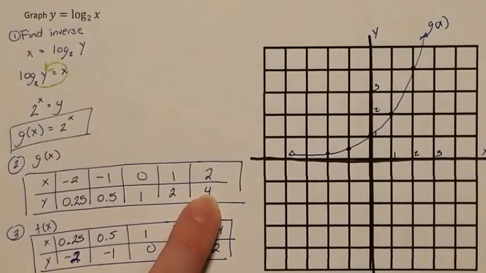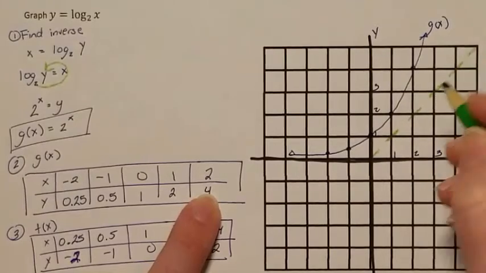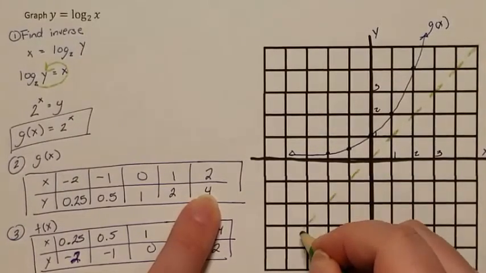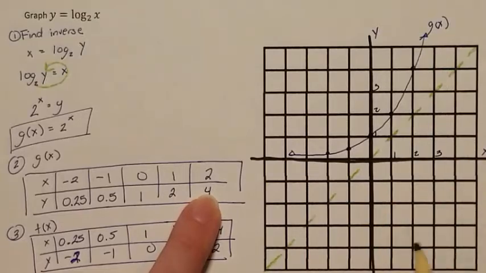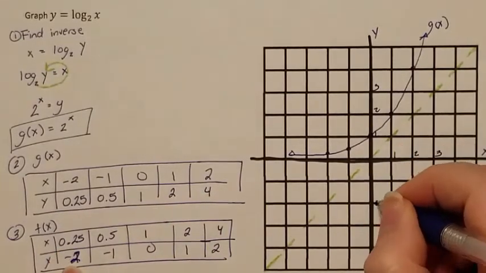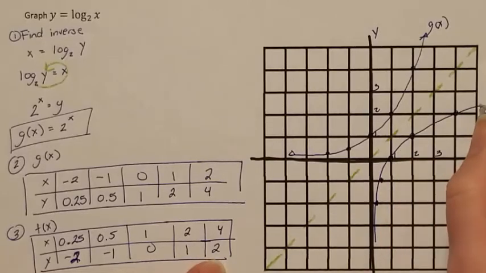I know it has to reflect across this reflection line for it to be a true inverse, which means if g is over here, my f function needs to be over here. So let's graph f.